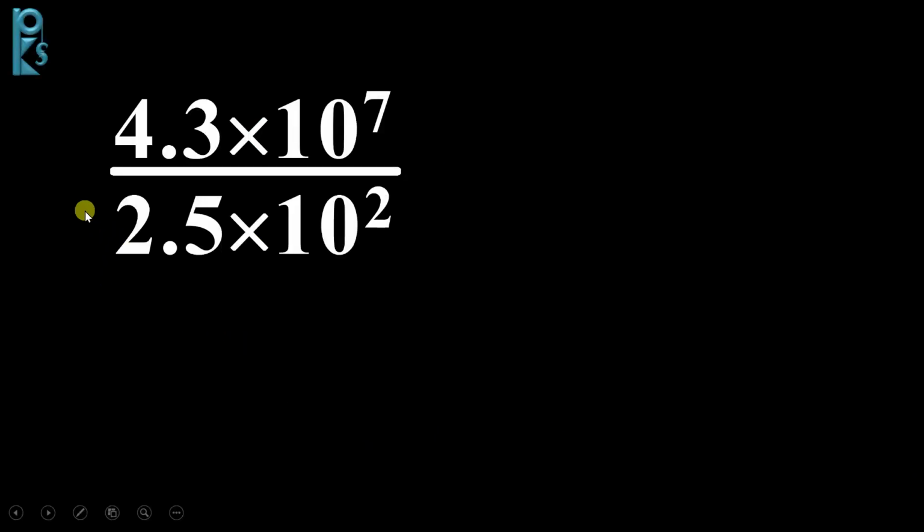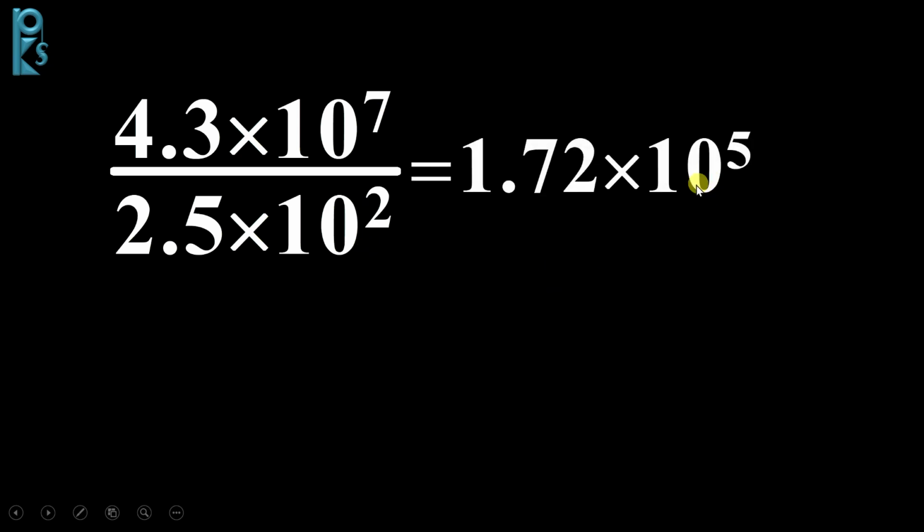In this example, I have a division: 4.3 times 10 to the 7 over 2.5 times 10 to the 2. First, pay attention to the exponents. 10 to the 7 over 10 to the 2 will be 10 to the 5. And if I divide the coefficients, I will get 1.72. In the numerator I have 4.3 and in the denominator I have 2.5.